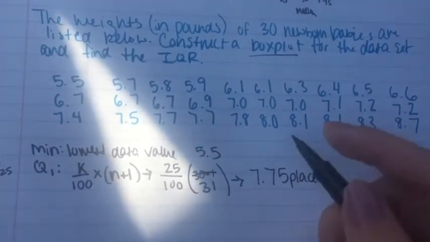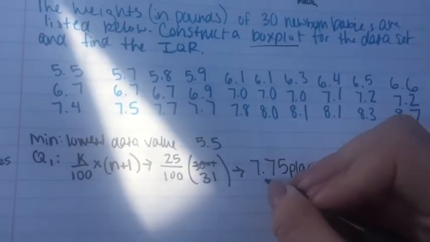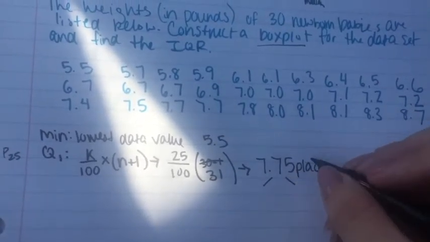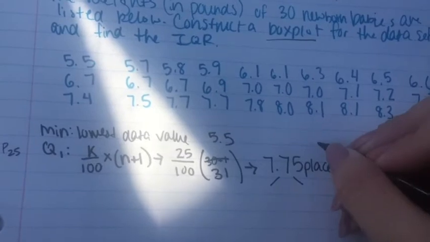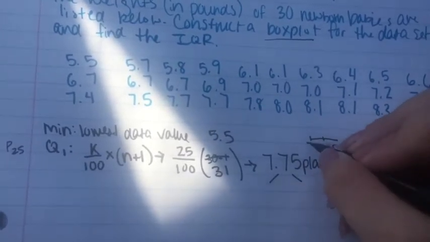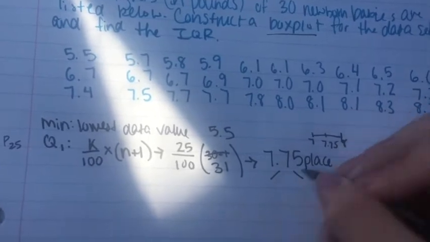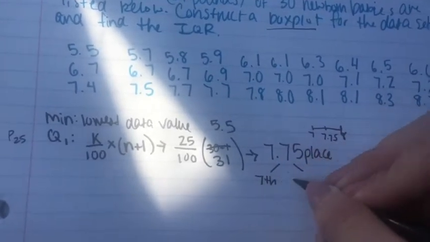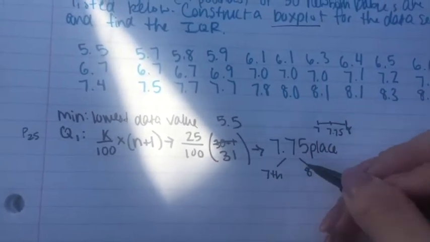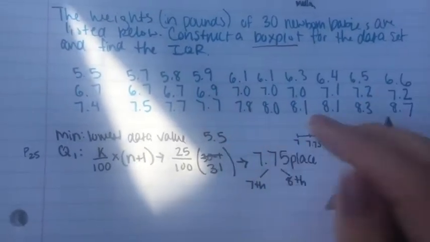So whenever you have a decimal as your answer, you have to look at the two whole numbers that your decimal is in between. So if I look at 7.75, the whole numbers that it's in between is between 7 and 8. So I'm going to have to take the 7th and the 8th place. And I'm going to have to look for those places and then replace them with the numbers here.